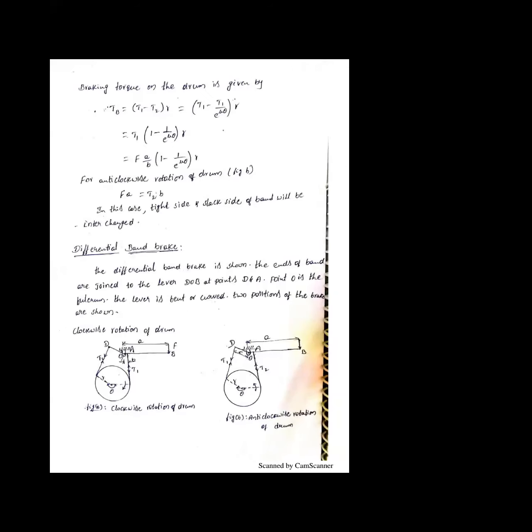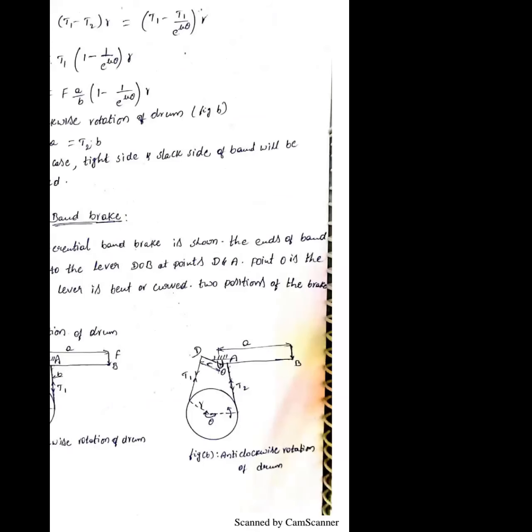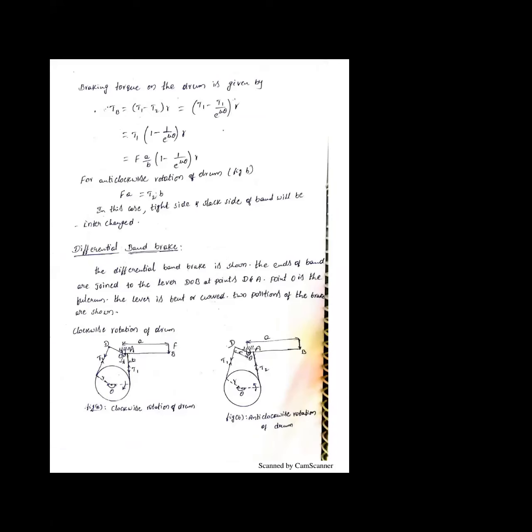Similarly, when the drum is rotating anti-clockwise, we take moments about O. Observe the small difference from clockwise to anti-clockwise: T1 and T2 are interchanged, and the direction of rotation is anti-clockwise.